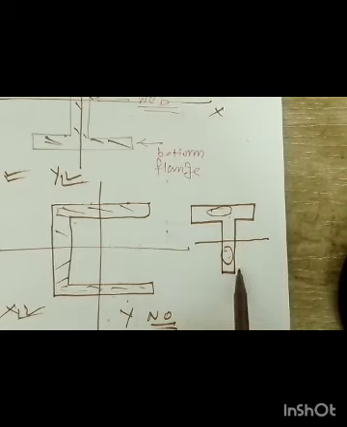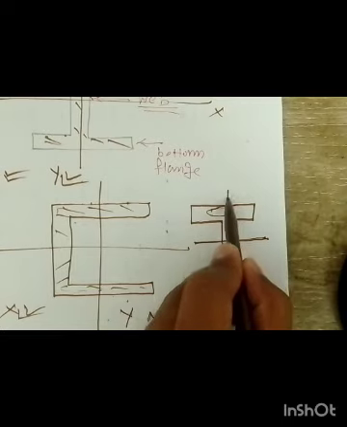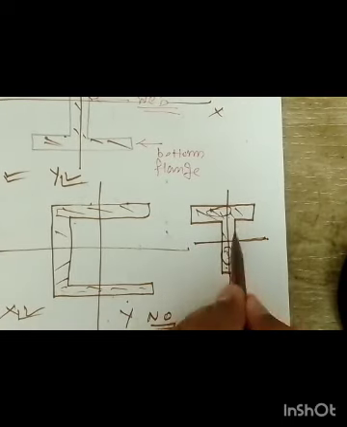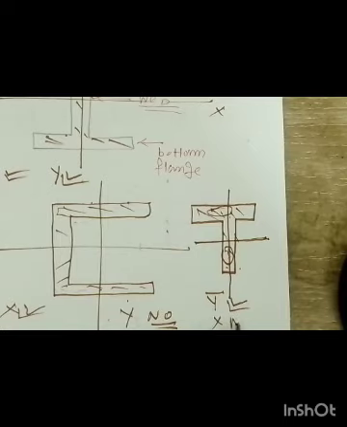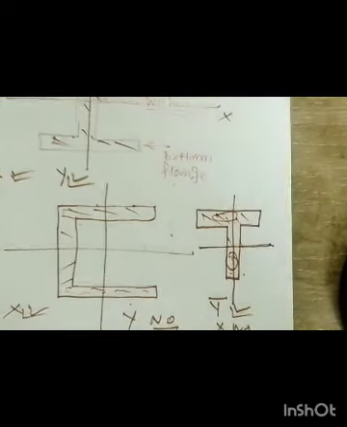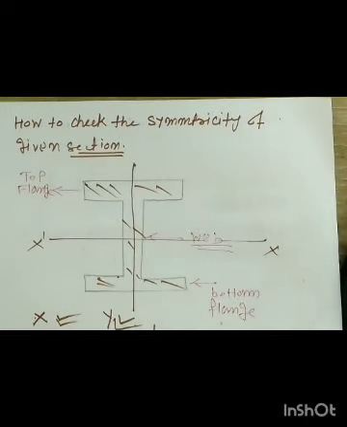It means these two parts do not have equal weight when splitting about the x-axis, but when we cut about the y-axis, we get two equal weights. So the given section is symmetrical about the y-axis, but not about the x-axis. This is how we need to know which axis the given section is symmetrical about.